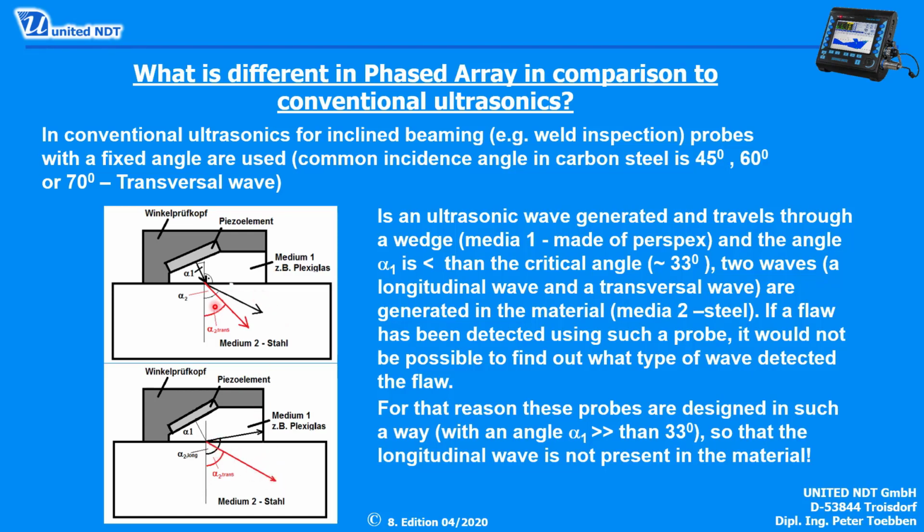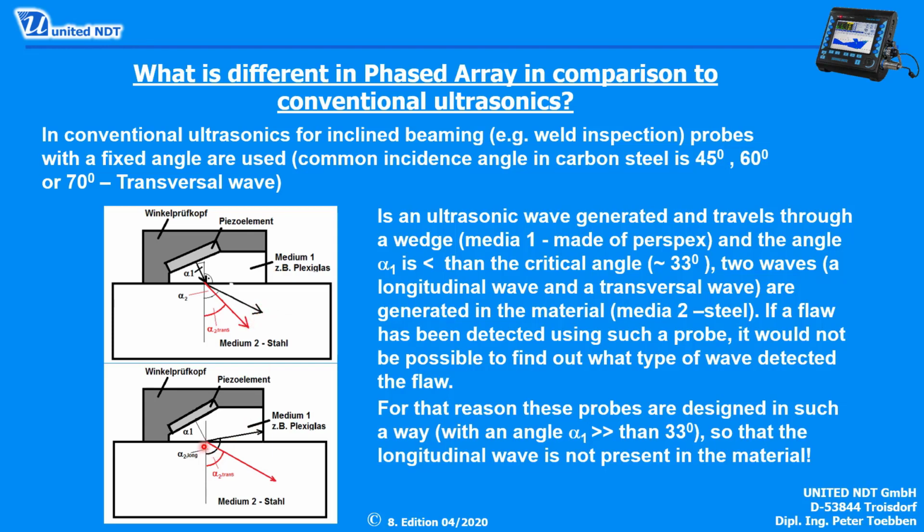Just to explain why this is so important, suppose you have such an angular probe where you have two waves and you get a reflection from somewhere, from a flaw. You don't know which one has actually hit this flaw, longitudinal or transversal wave.